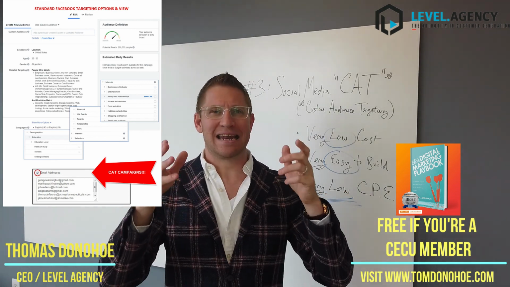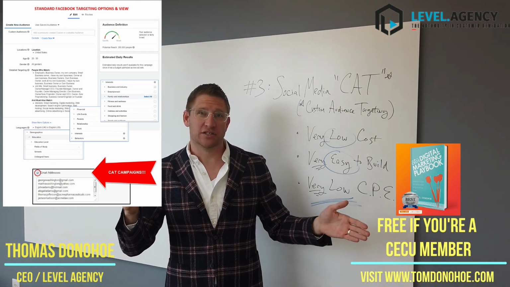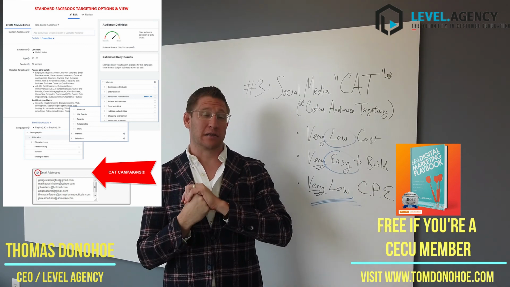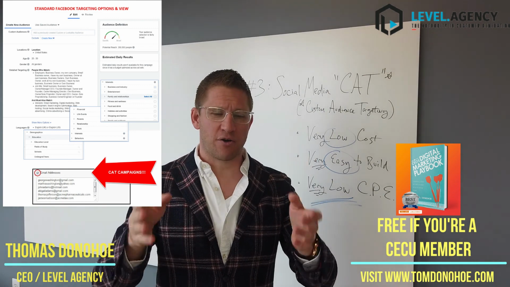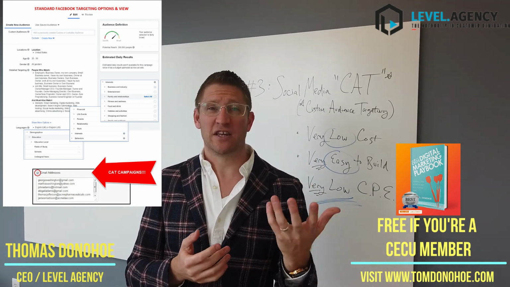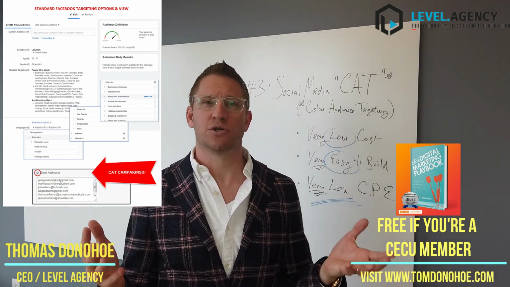If you're uploading 10,000 or 100,000 aged lead email addresses into Facebook, the match rate's probably going to be at least 50%, sometimes as high as 75%. All that means is if you put in 100 email addresses, you're at least going to get 50 individuals, if not about 75. That's phenomenal. I mean, it could be 10 and you'd still do it.